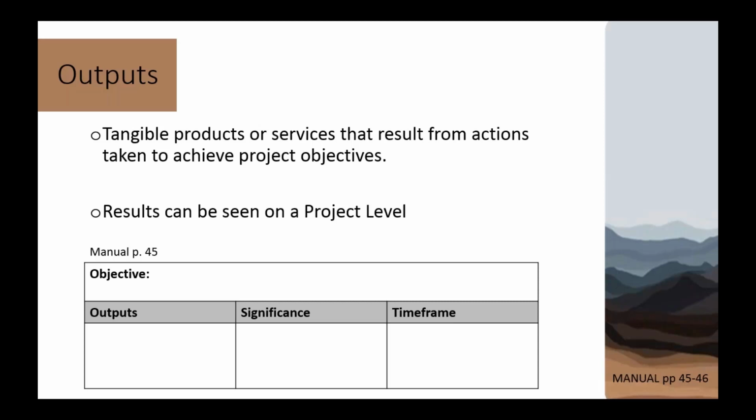You're going to include the objective. You're going to list all the outputs in those objectives. And if they repeat, you don't have to repeat them. You can just say them once. You're going to identify the significance to the project for each objective, and then the time frame from when you will accomplish it. So again, it's reliant on the objective work plan, and then you'll have to fill this in once that is completed.